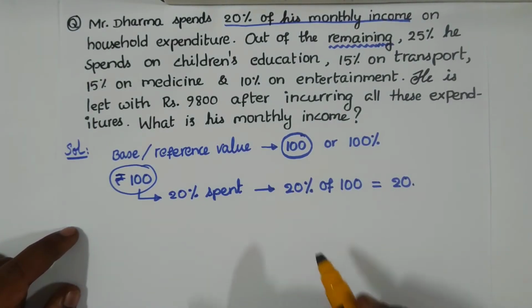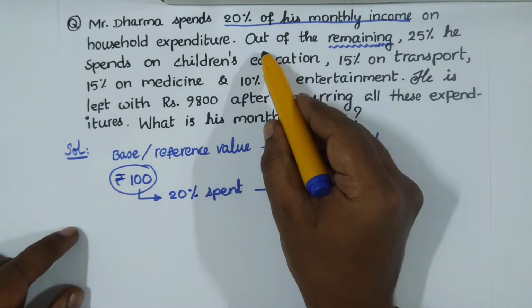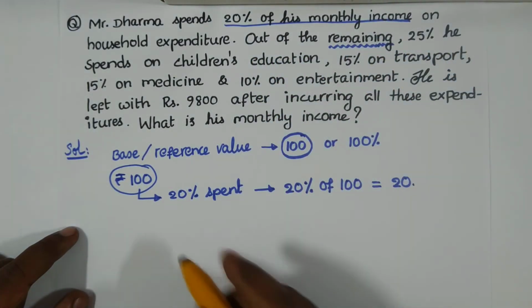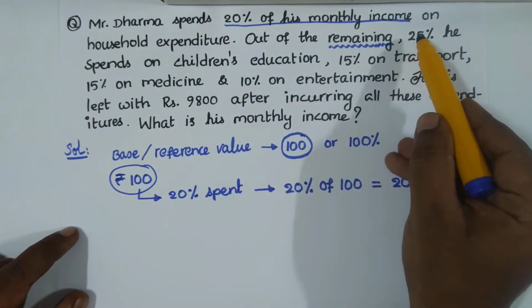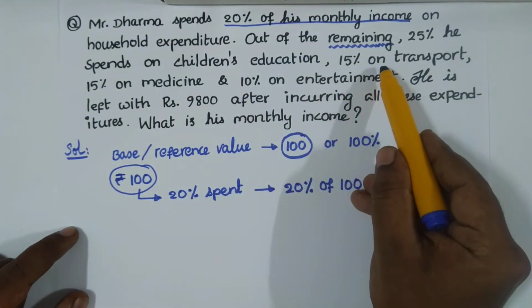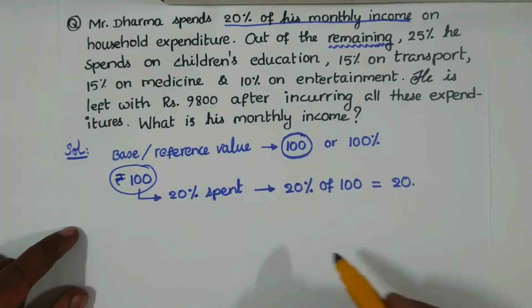Now what is the remaining money? Because he is saying out of the remaining, he spends 25 on education, 15 on transport, 15 on medicine. Now he has spent 20% for now.